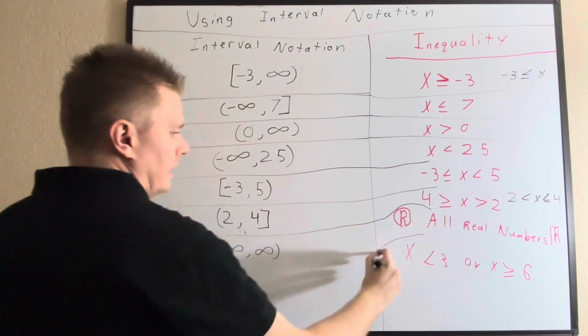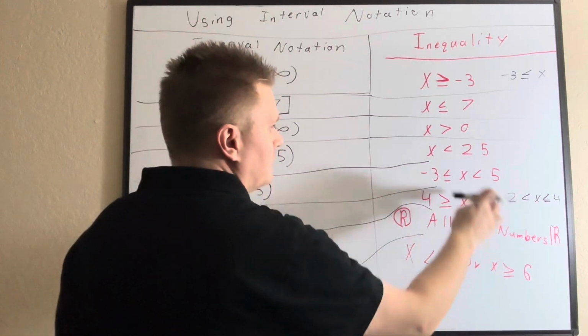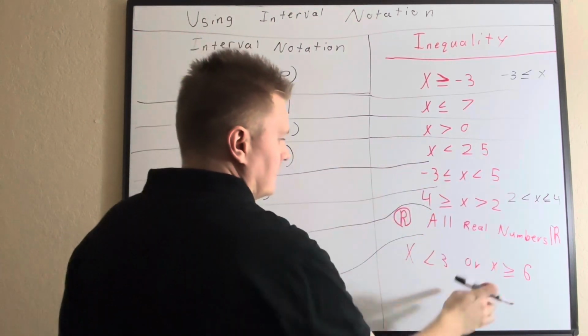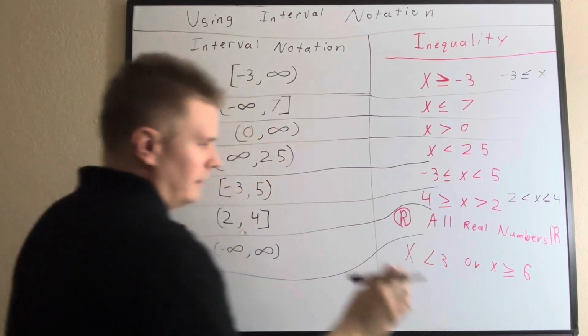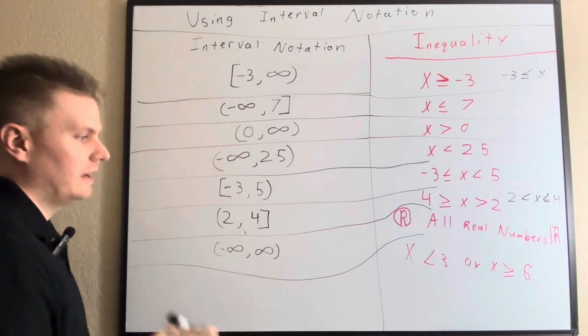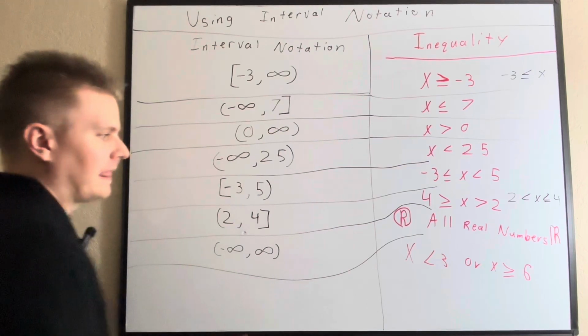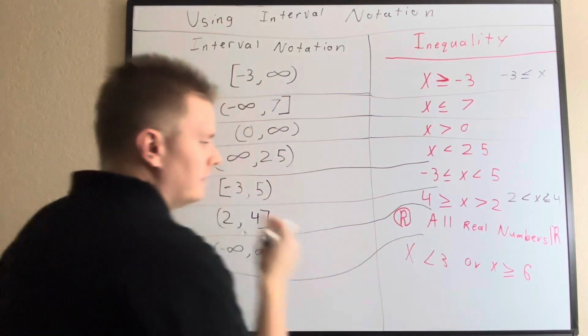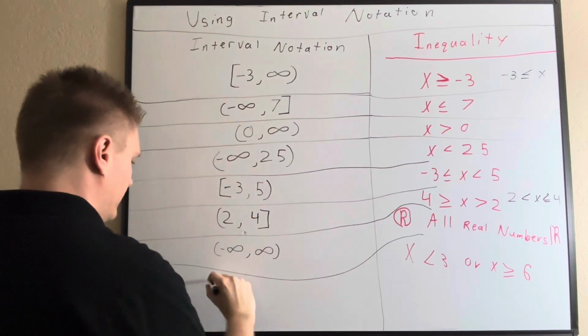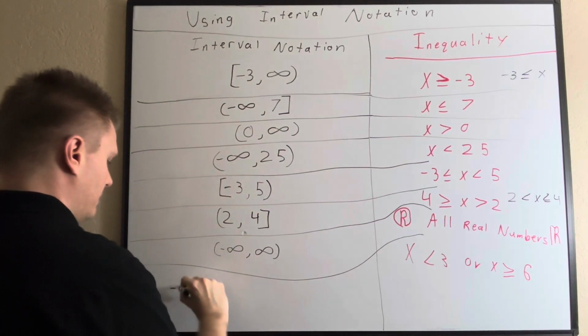All right, one last one. The "or." This was an "and" statement. This is an "or" statement. This is the one that trips people up the most. x is less than 3. How do we write that? x is less than 3.